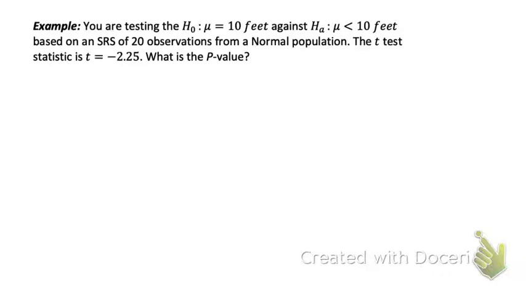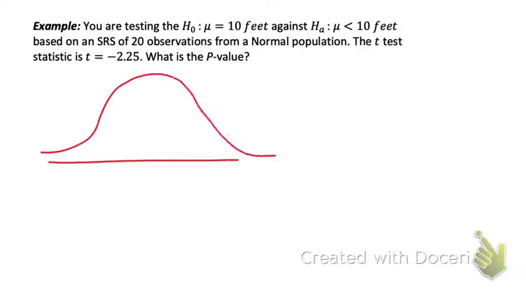So this says that we are testing a null hypothesis that the mean is 10 feet against the alternative that the mean is less than 10 feet, based on a simple random sample of 20 observations from a normal population. The t-test statistic is t equals negative 2.25. What is the p-value? So, here's what we have. We have a distribution where we have a claim of 10 feet in the middle. That's our claim.